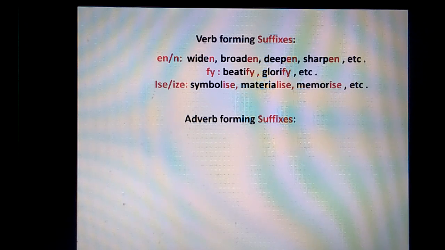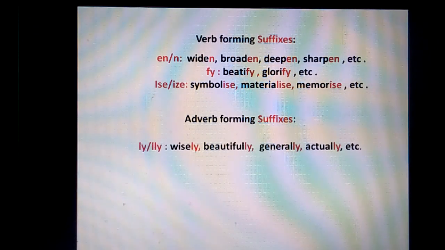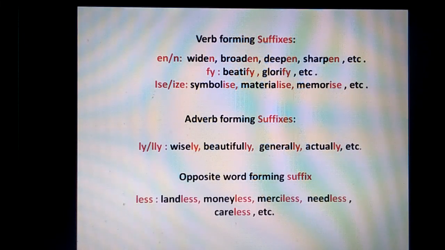Adverb forming suffixes. You have got only one adverb forming suffix, ly or lly: wisely, beautifully, generally, actually, etc. Opposite word forming suffixes. Here you will find a single suffix, less: landless.